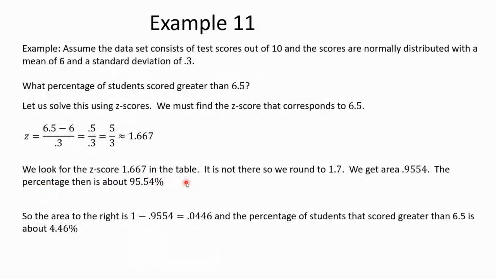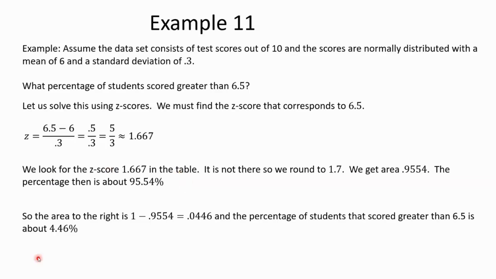Okay. Here's another one actually. This is from the data from before with the test scores. The test scores are out of 10, okay? The scores are normally distributed. There's a mean of 6 and a standard deviation of 0.3. Now let's find what percentage of students scored greater than 6.5.